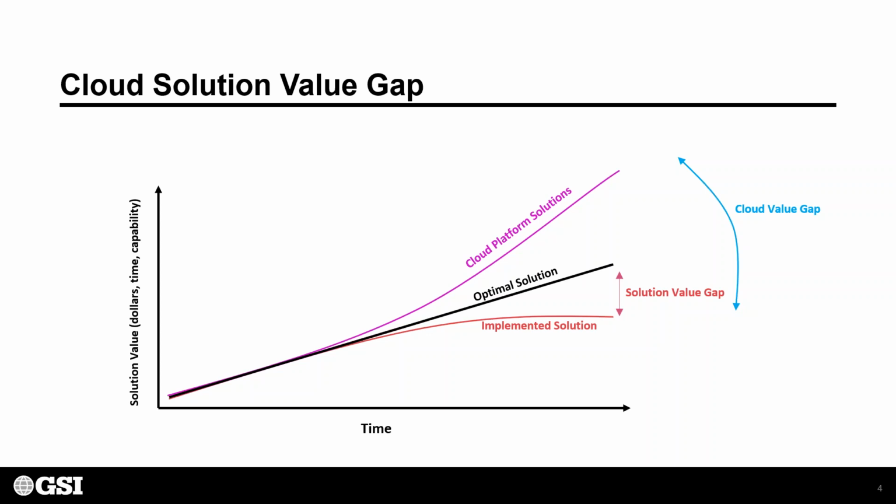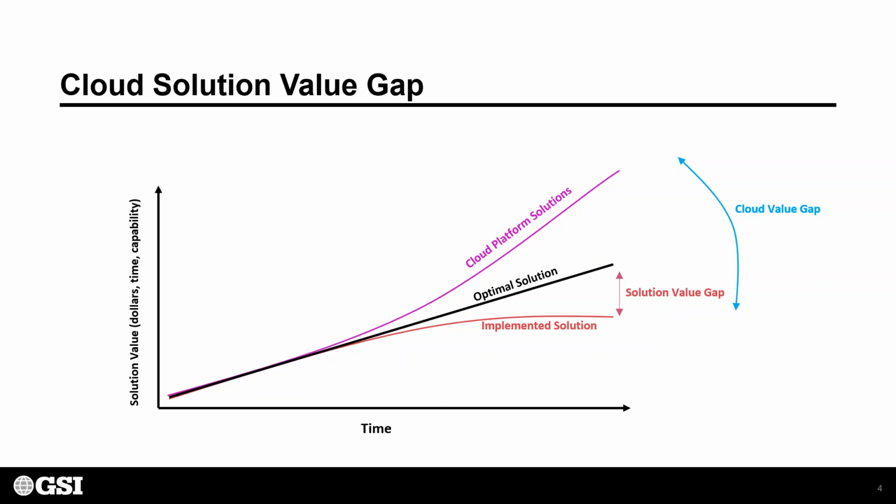And make no mistake, there is a divergence between the cloud platform solution and the optimal solution for any organization. Not everybody needs everything. So you'll note that the cloud platform is just going to continually exponentiate its capabilities, whereas your organization's optimal solution will increase more linearly with time.